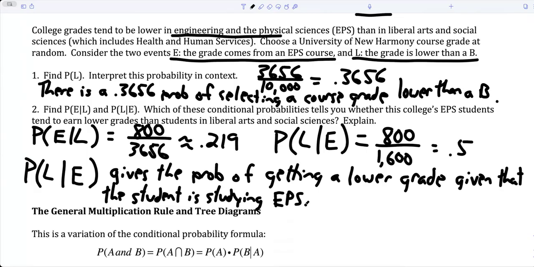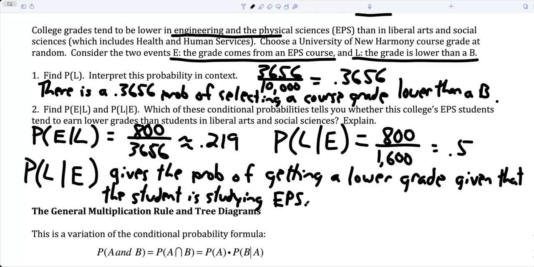Okay, so I want you to think about this for a second. What's the overall probability that they get a grade lower than a B? We found that in the first part, right? It was roughly almost 37%. Okay, well, if they're in the engineering and physical sciences school, what's the probability that they get a grade lower than a B?